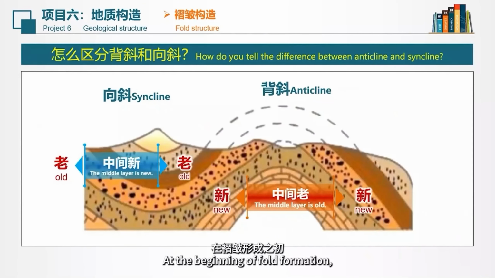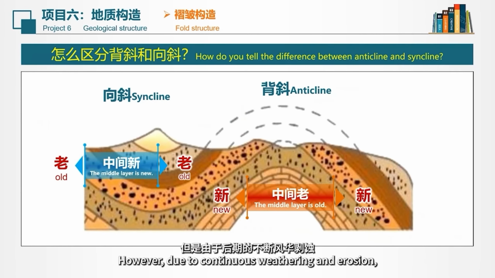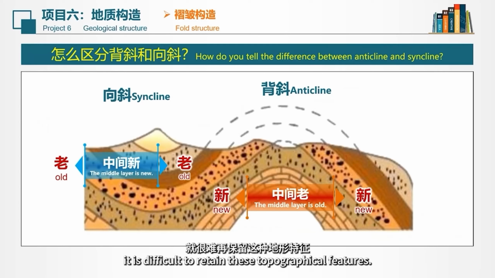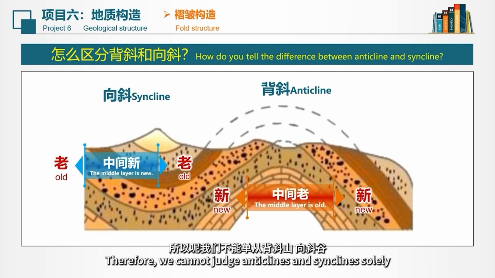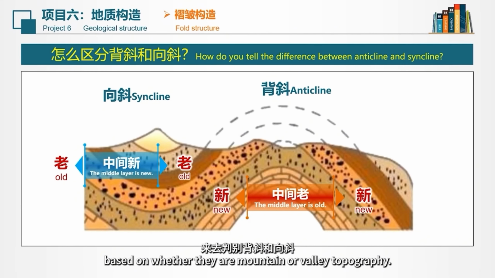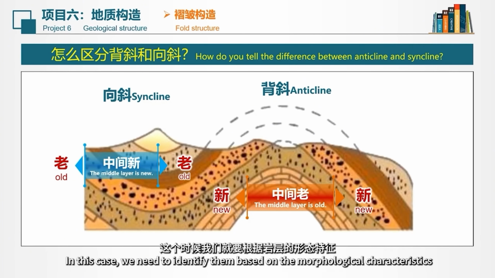At the beginning of fold formation, anticlines often form mountains, and synclines form valleys. However, due to continuous weathering and erosion, it is difficult to retain these topographical features. Therefore, we cannot judge anticlines and synclines solely based on whether they are mountain or valley topography.